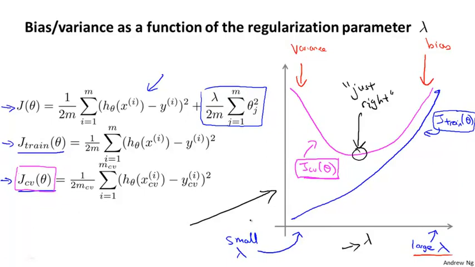By now you've seen bias and variance from a lot of different perspectives. And what I'd like to do in the next video is take a lot of the insights that we've gone through and build on them to put together a diagnostic that's called learning curves, which is a tool that I often use to try to diagnose if a learning algorithm may be suffering from a bias problem or a variance problem or a little bit of both.